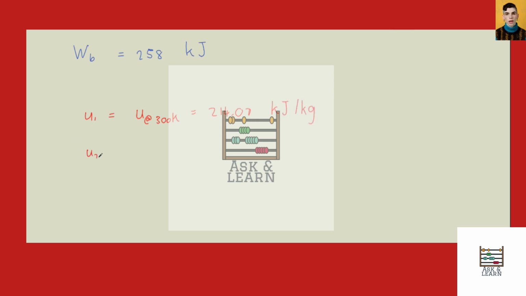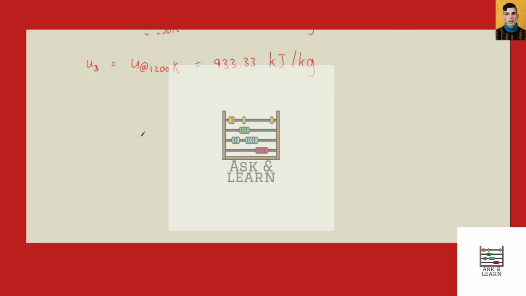The final internal energy U2 or U3 is equal to the internal energy at a temperature of 1200 Kelvin for air, and this is equal to, again from our table, 933.33 kilojoules per kg.